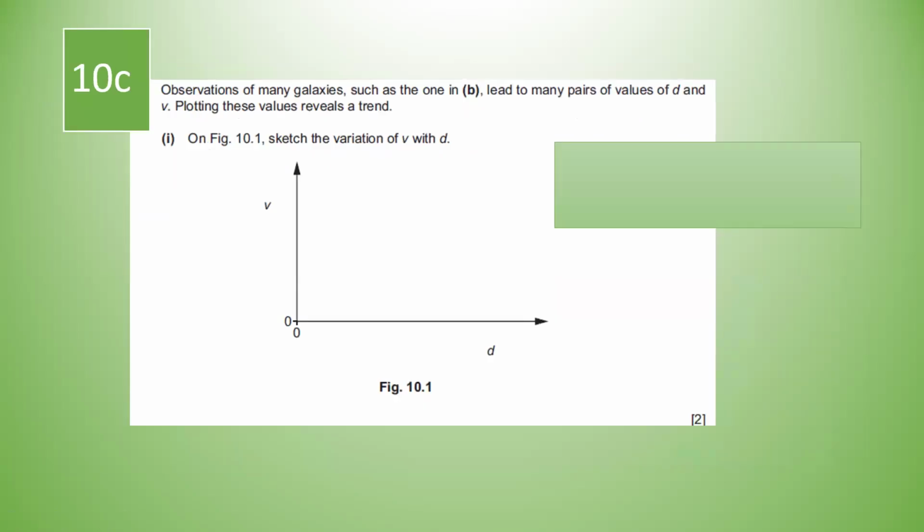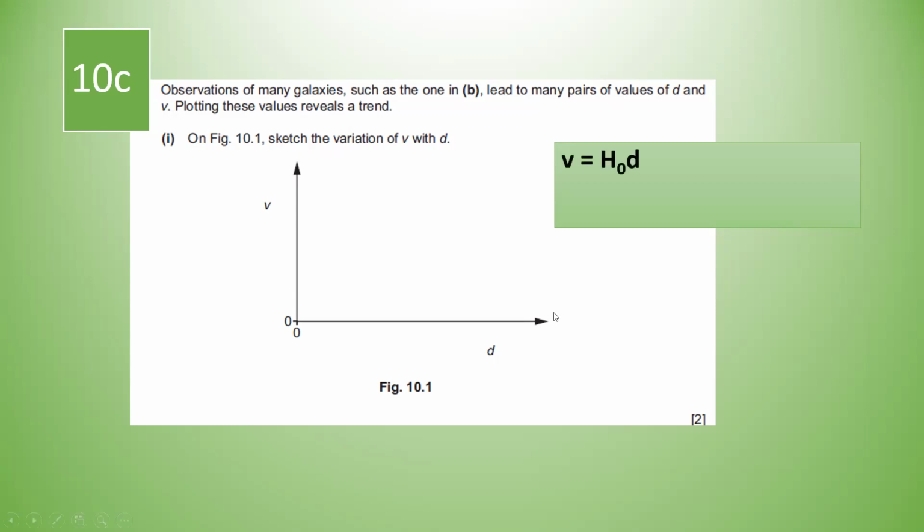Okay, how would the graph look? Observation of many galaxies. Straight line with a quite steep gradient, I'd say. Linear, cutting the v-axis, but with a steep gradient. We must have a way to understand what is happening.